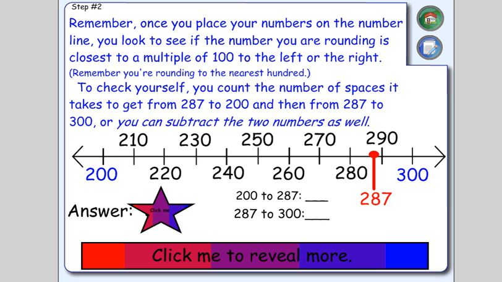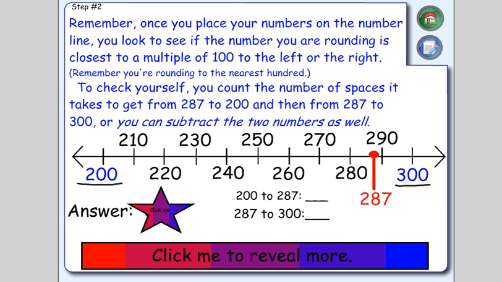Remember, once you place your numbers on the number line, you look to see if the number you are rounding is closest to a multiple of 100 to the left or the 100 that's above it to the right. Remember, in this case, we're rounding to the nearest 100. To check yourself, you will count the number of spaces it takes to get from 287 to 200, and then how many spaces up to 300.